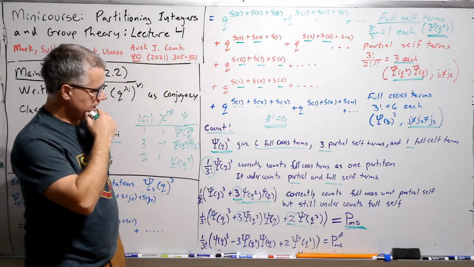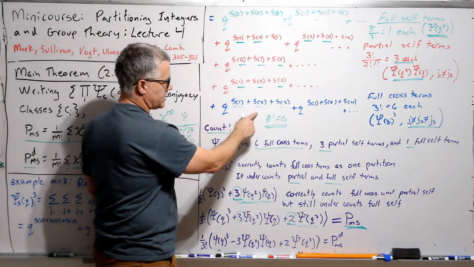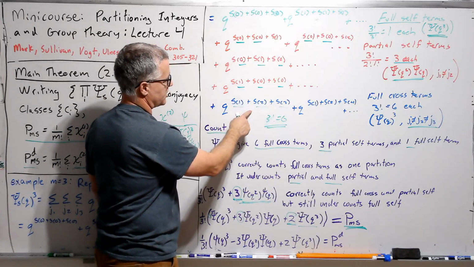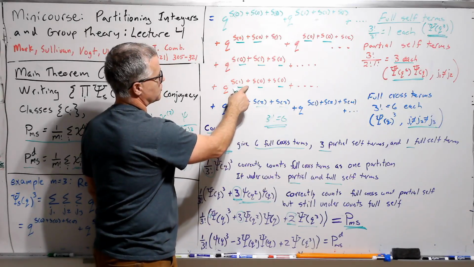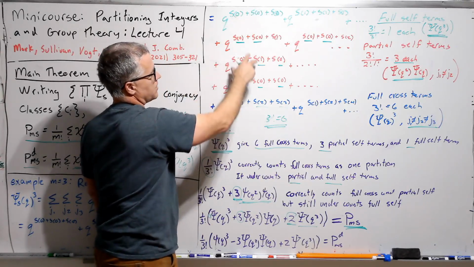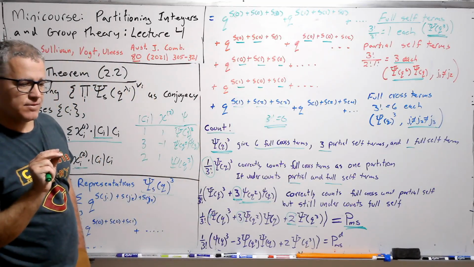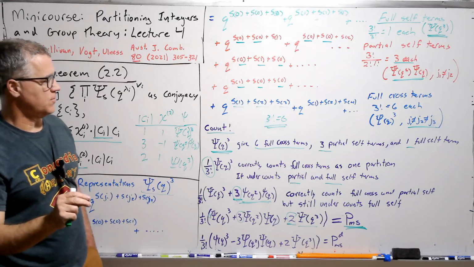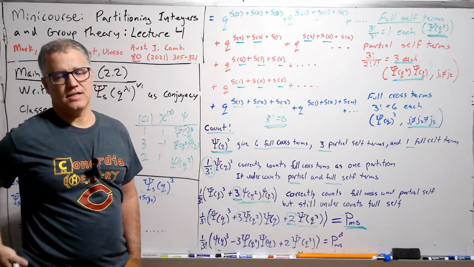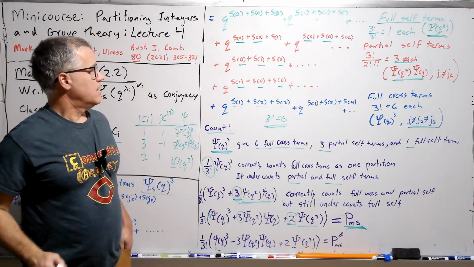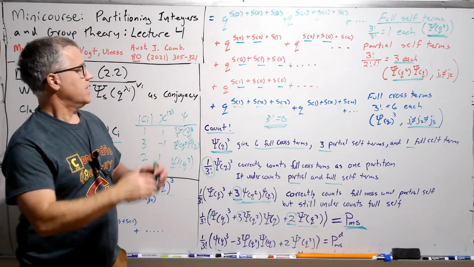So what we really need are the distinct full cross terms, and then we have to subtract off both the partial self-terms and the full self-terms, because in the partial self-term and in the full self-term we're going to get repeats.